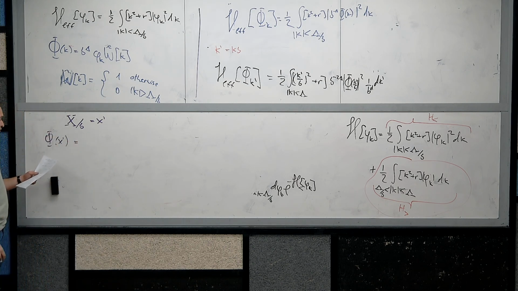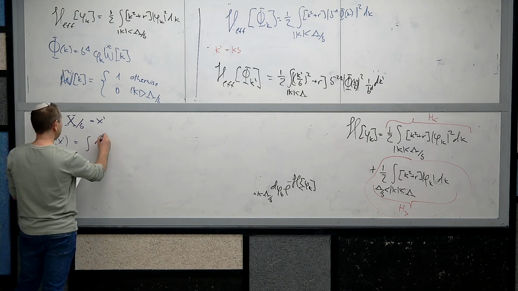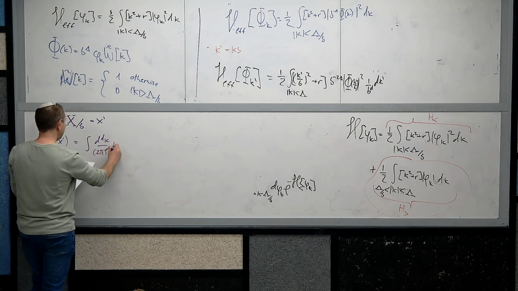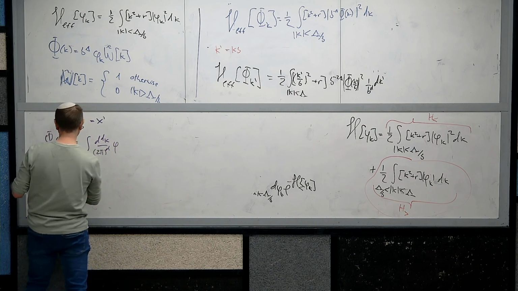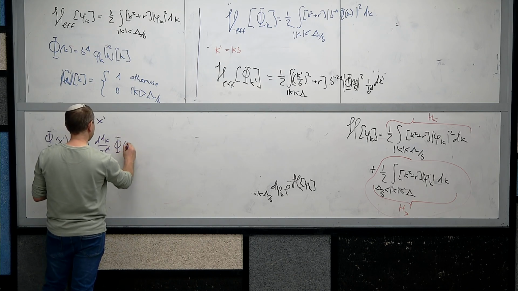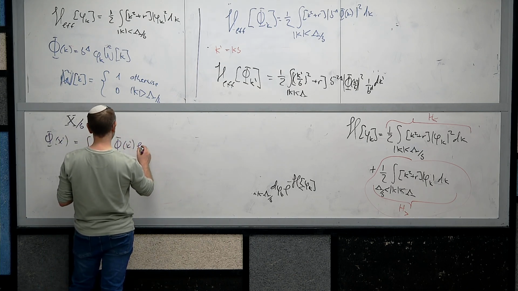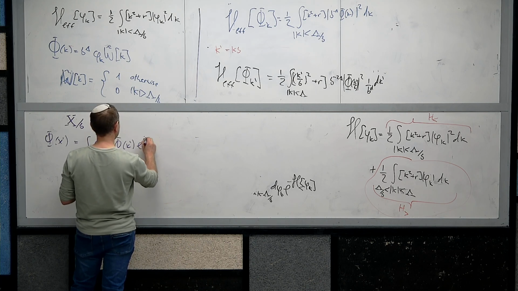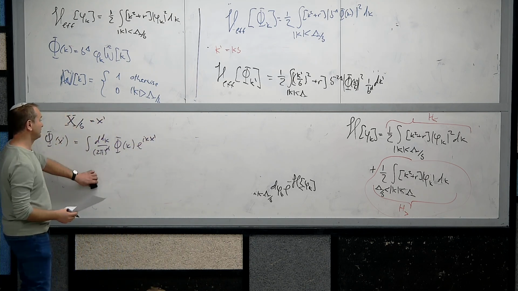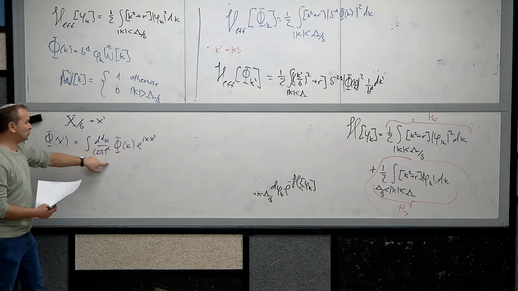The average field is an integration of d dk divided by 2 pi to the power d, phi, large phi, over k prime, e to the I k x prime.